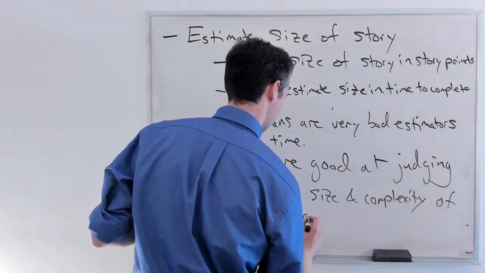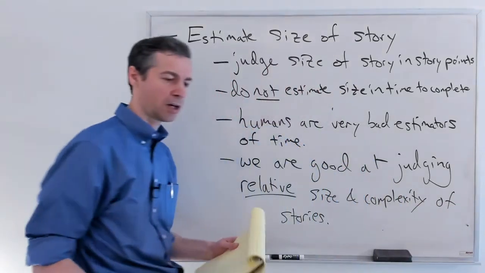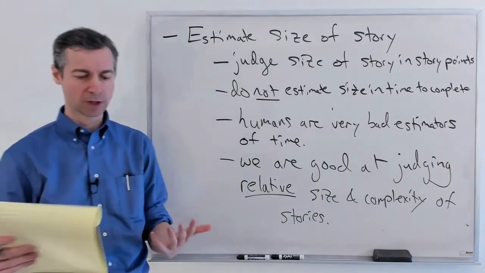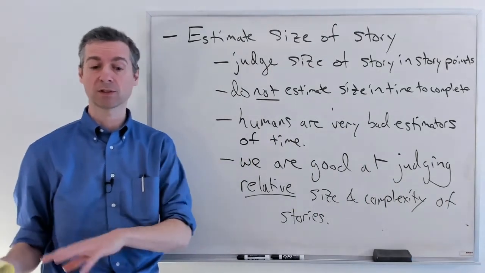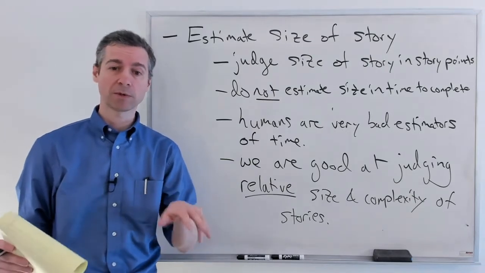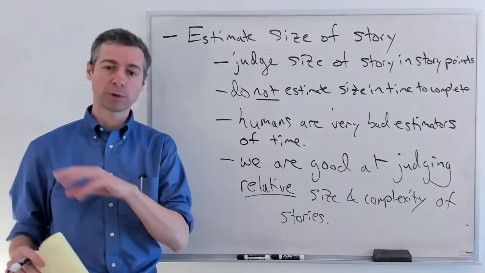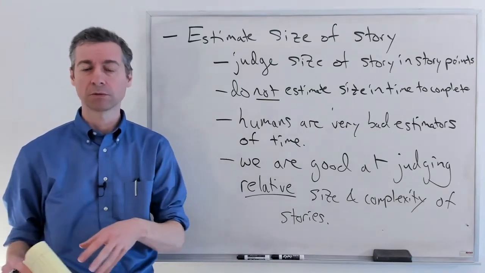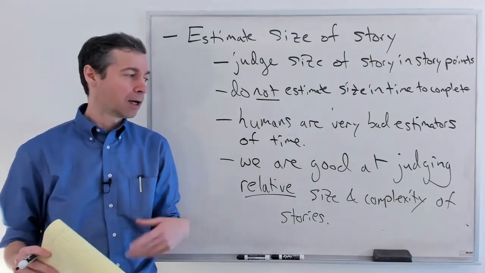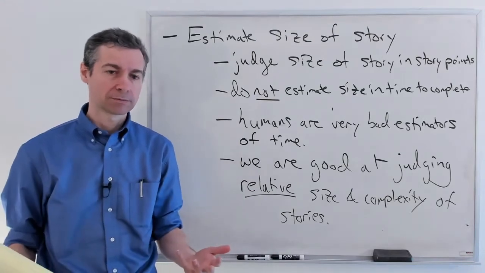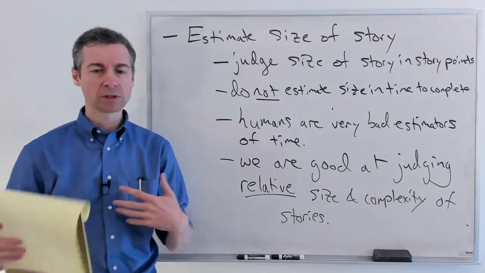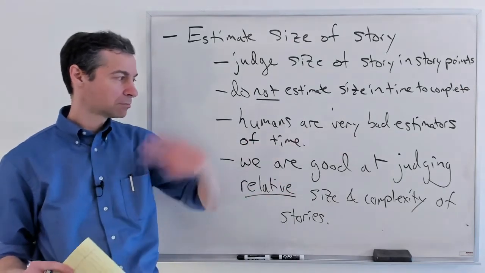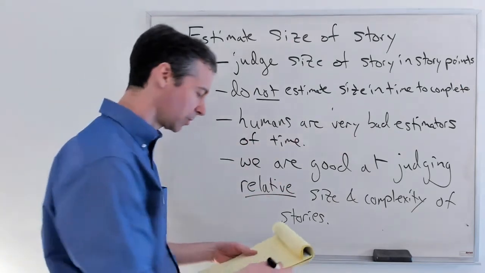So if we have 2 stories in front of us, we can look at them, we can talk about them, and go, oh yeah, this one's more complex than this one. So yeah, we'd better give that one a higher number of story points. The one that's more complex, more hard, had better have more story points than this one. All right, we're good at that. Humans are really good at comparisons. Judging time, not good at all. So we don't do it.